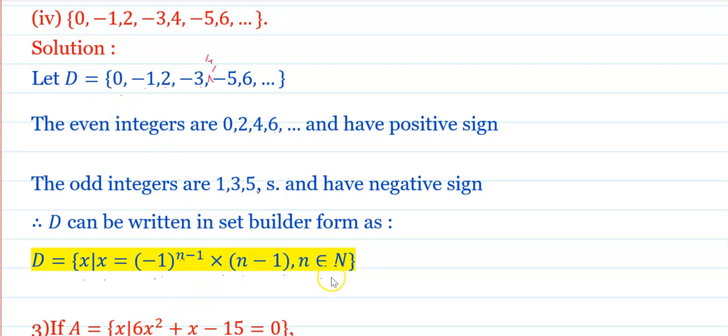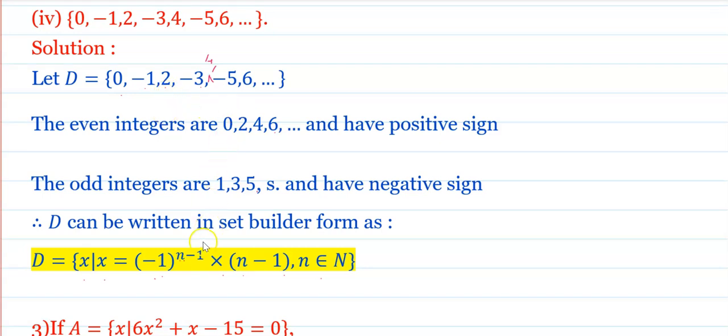If we take n equal to 2, then (-1) raised to 2 minus 1 means (-1) raised to 1, so you get -1, and 2 minus 1 overall gives -1. If we take n equal to 3, then 3 minus 1 is 2, (-1) raised to 2 is 1, and overall you get 2.